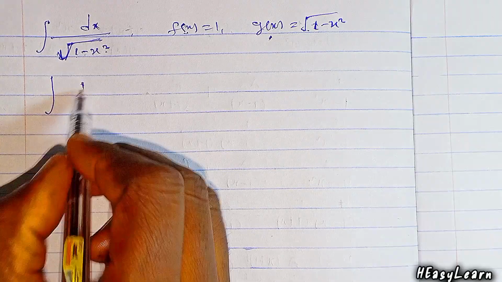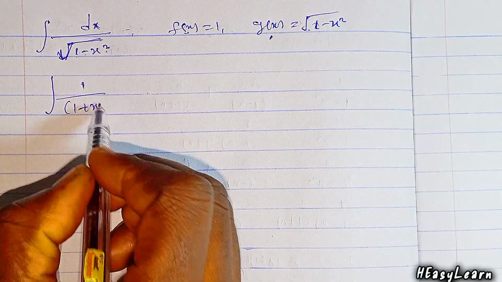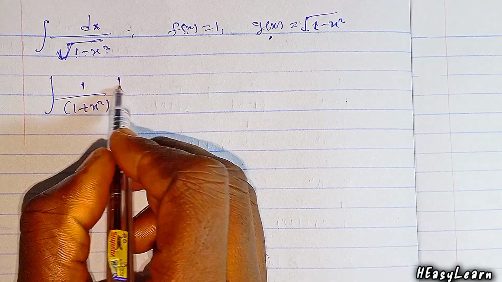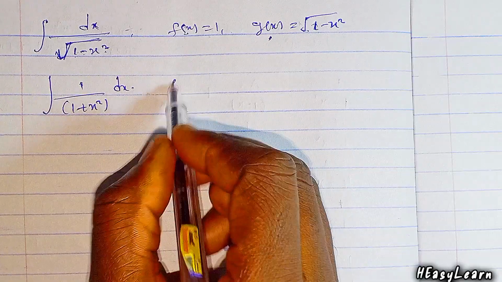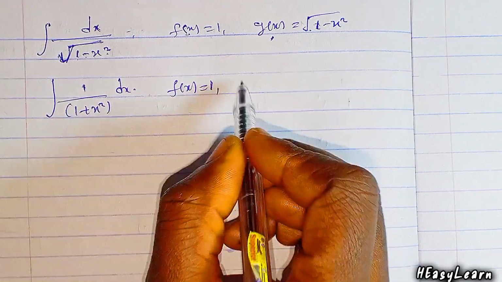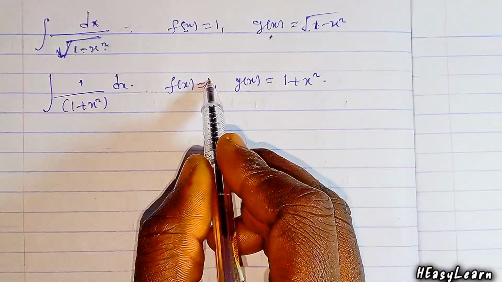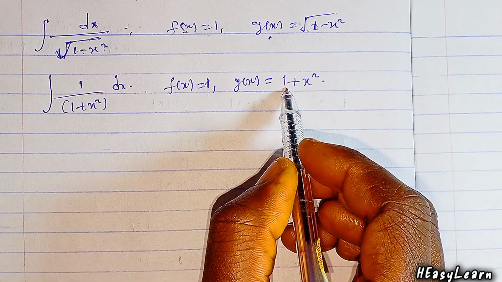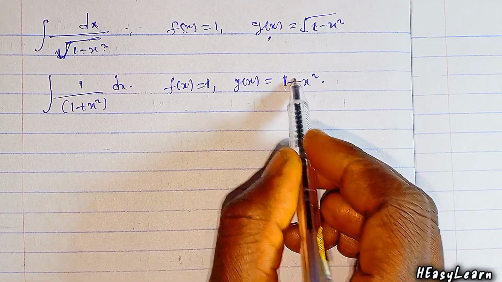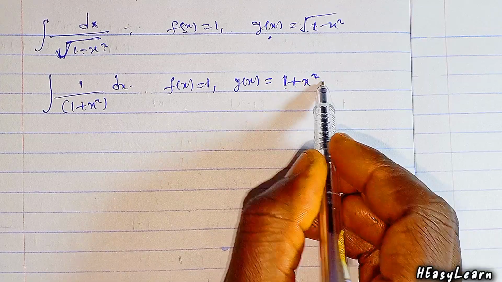The integral of 1 over 1 plus x squared dx. In this case, to use partial fraction, check if the numerator and the denominator are polynomial functions. Also check if g of x has a factor in real linear.